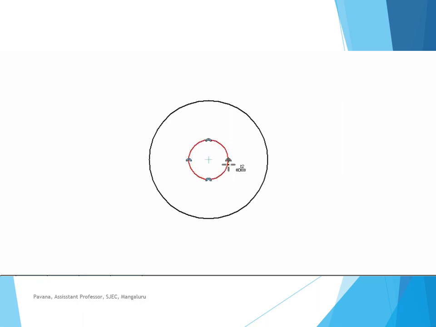Next step, you have to draw a tangent to this circle. From the side given in the question, it says that the offset is right 1 centimeter. So towards the right side, from here draw a line tangent to this circle.